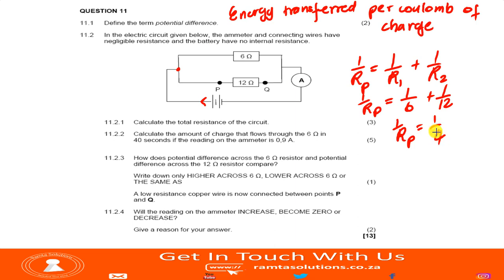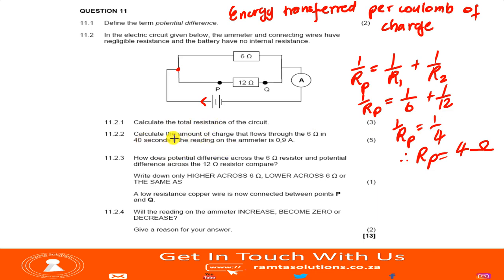Let's confirm on the calculator: 1 over 6 plus 1 over 12 is 1 over 4. Therefore, Rp is 4 ohms.